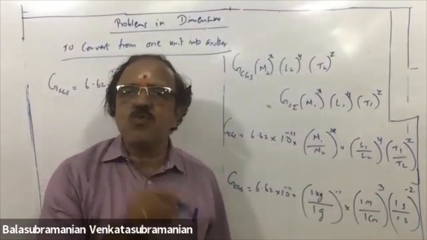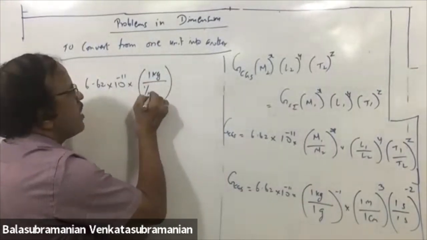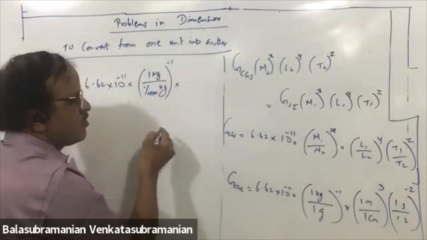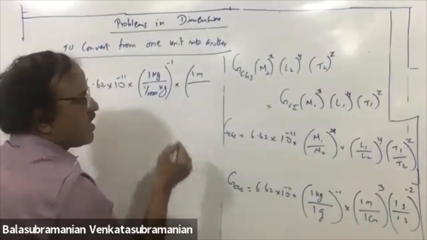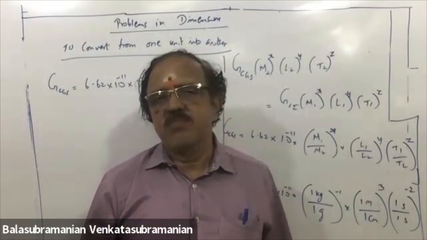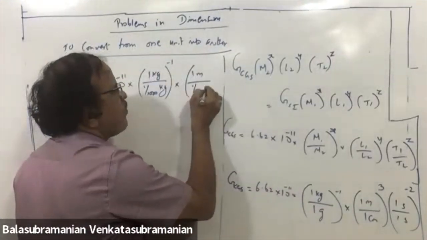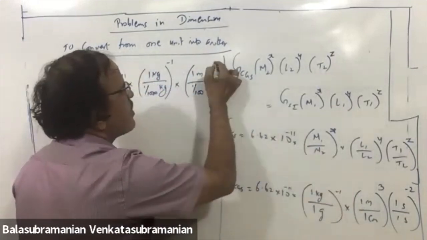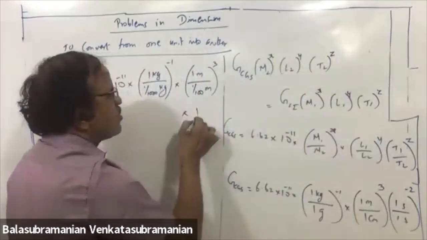So 1 gram is 1 by 1000 of a kilogram, power minus 1. 100 centimeter is 1 meter. So 1 centimeter is 1 by 100 of a meter, power Y, that is power 3. 1 by 1, 1 power minus 2, 1.